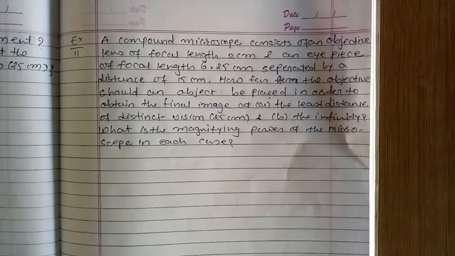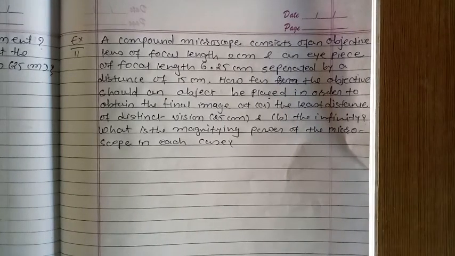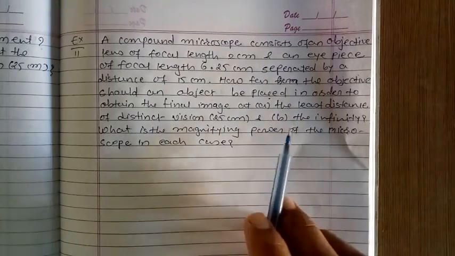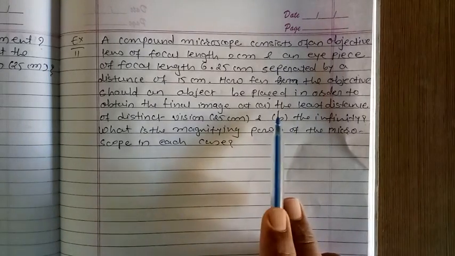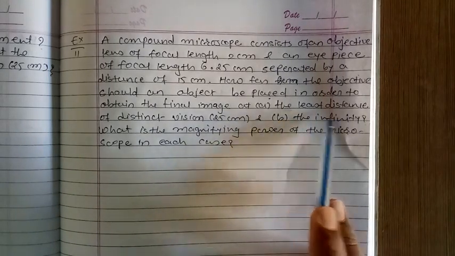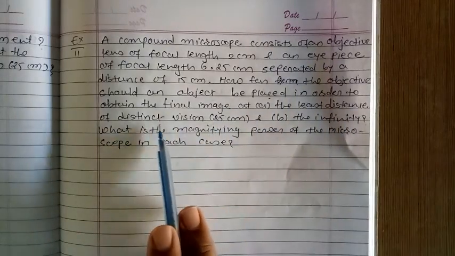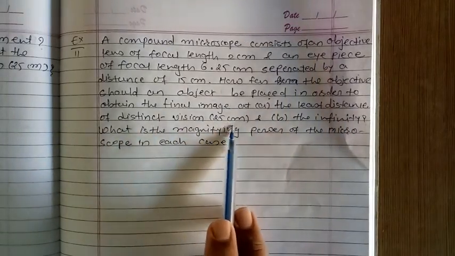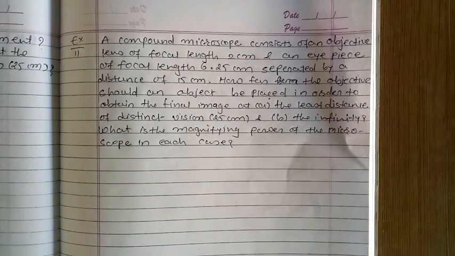So here the focal length of objective and eyepiece is given, and the distance between objective and eyepiece is given. We have to find out the object distance, right? We have to find the object distance for the least distance of distinct vision, 25 cm, and at infinity.